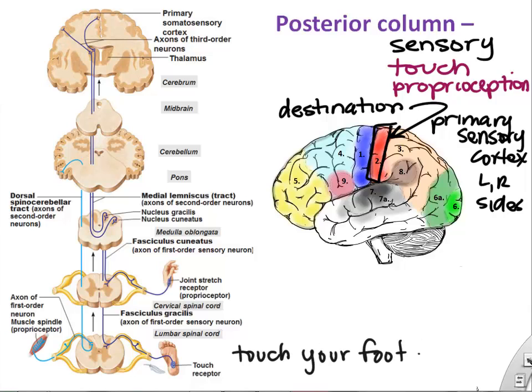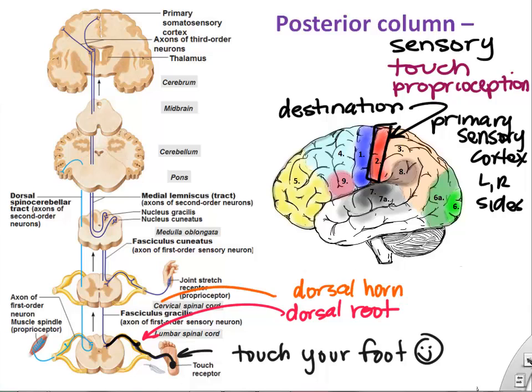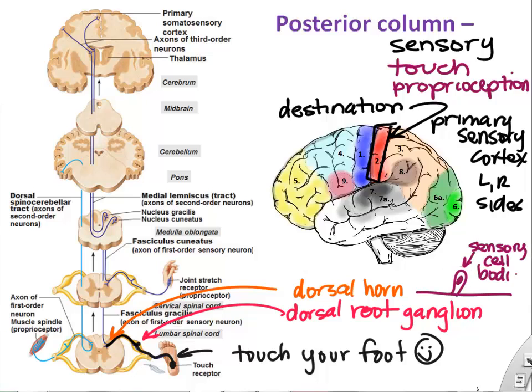So let's say you're going to touch your foot, and I think we're touching our left foot here. So you touch your foot, and the signals go in that dorsal root into the dorsal horn. The cell bodies are actually located in the dorsal root ganglion. So remember, that's just a little pouch or enlargement of the dorsal root, and that's where the cell bodies of all your sensory neurons are, no matter where they are.